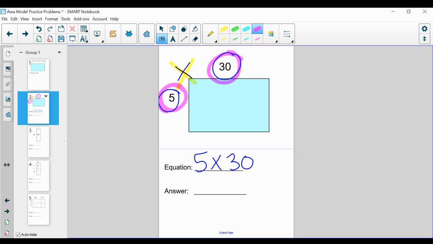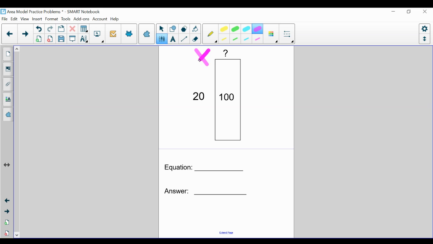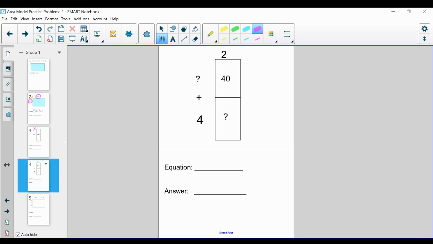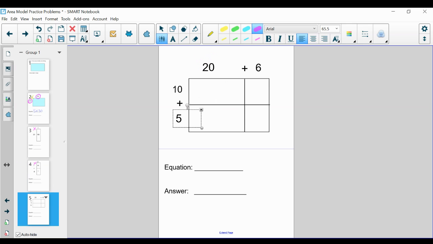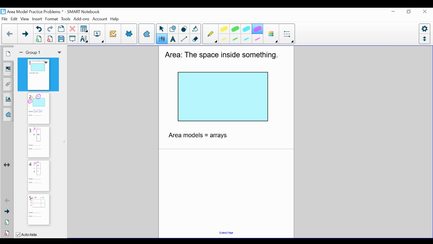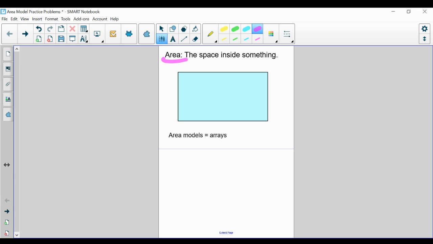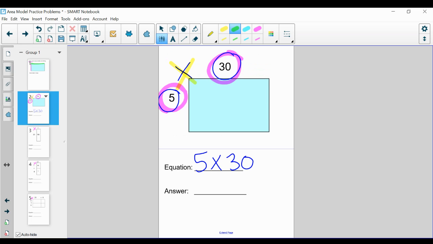That's why whenever you see these, we're always multiplying, because we're finding the total space inside all these objects. Hopefully that made a little bit more sense to some of you out there who may not know. To find the area, you multiply the length by the width.